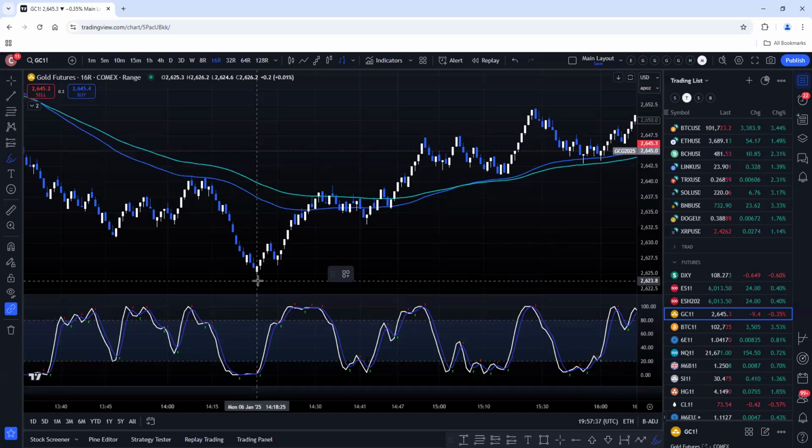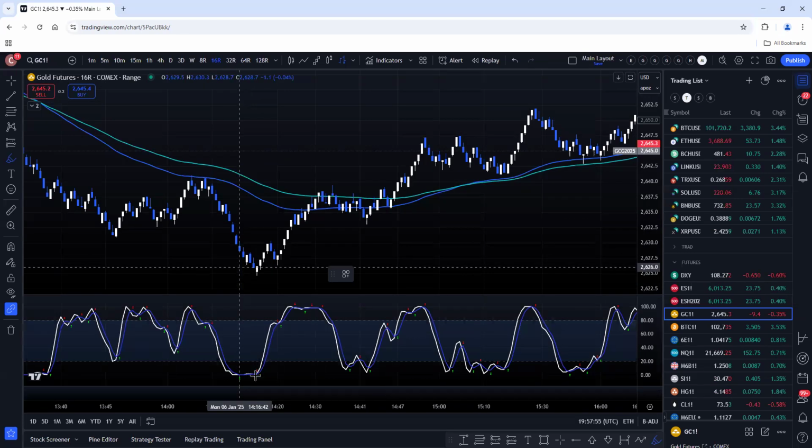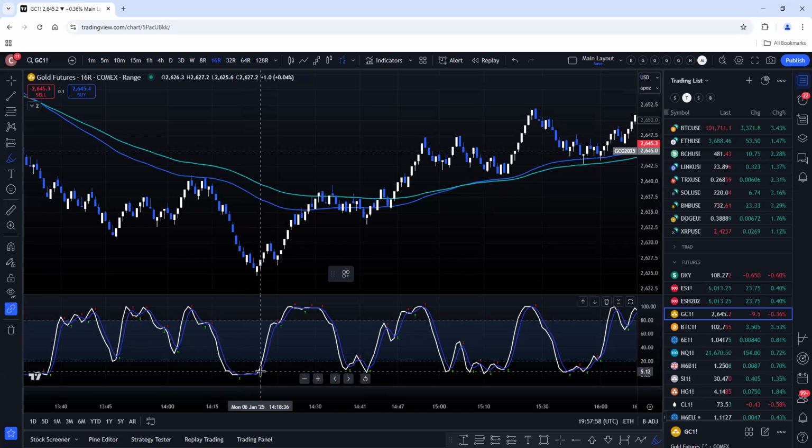From where the low is on the range chart, we'll keep going until we hit another positive cross if needed. Essentially, we get the cross here, which tells us that we're in the oversold area and we're starting to potentially cross back and start that rotation back up to the overbought. This continues until we get the last positive crossover before the rotation actually happens.